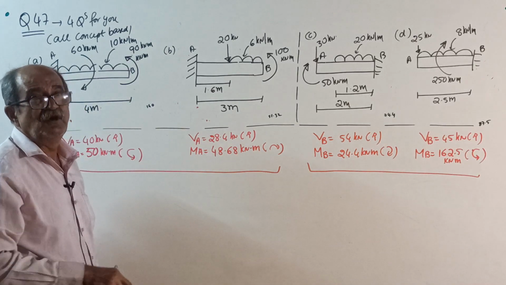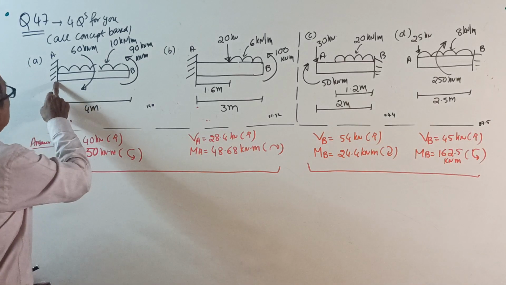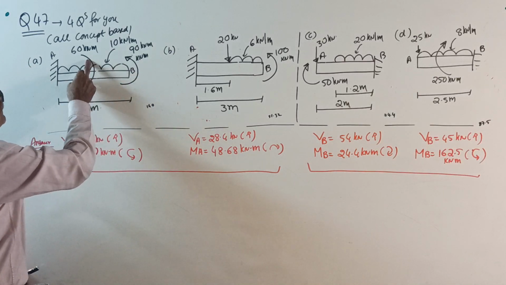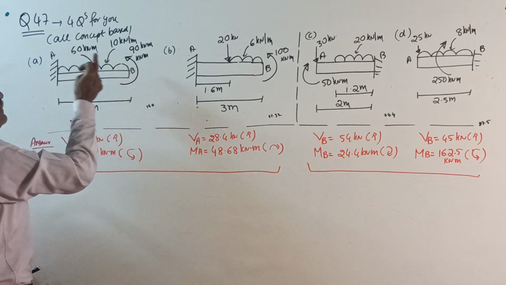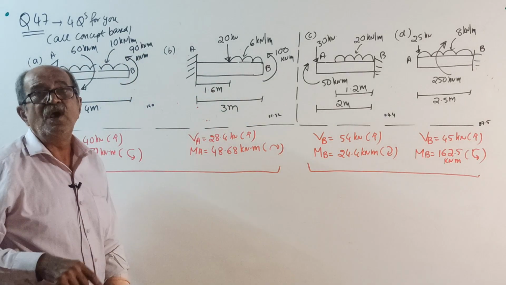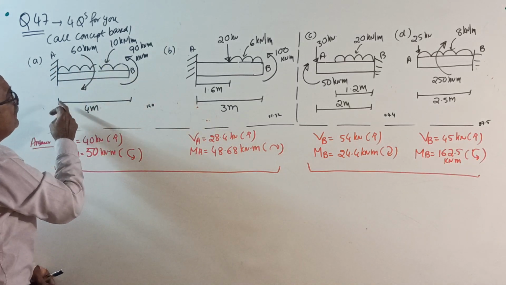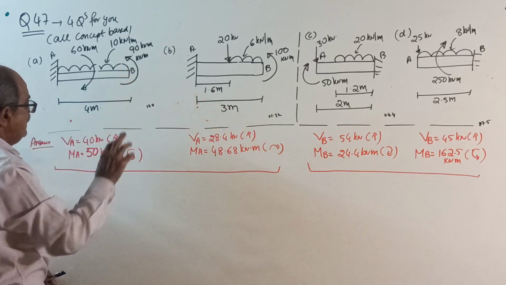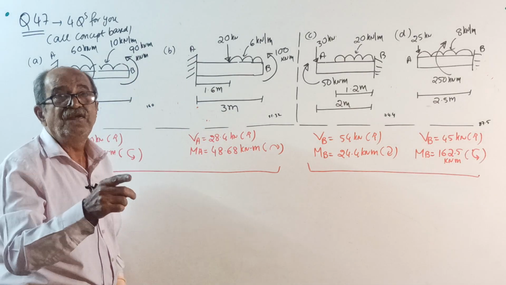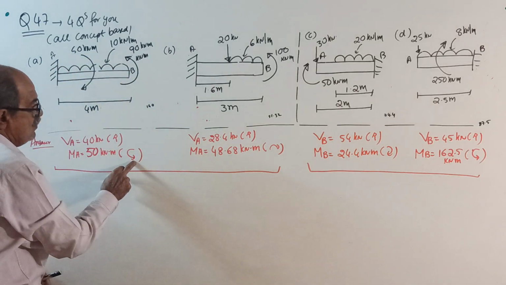I made a note to save time. So the net effect of loading and this couple is 140 clockwise. This is 90 anti-clockwise. So 140 clockwise is predominant. Net will be 140 clockwise minus 90 anti-clockwise, which means 50 clockwise action. Therefore, reacting moment will come anti-clockwise of 50.